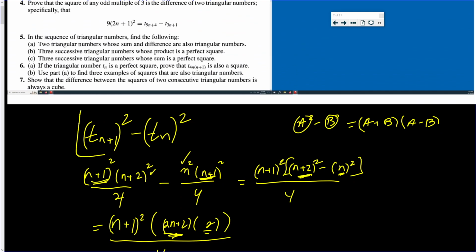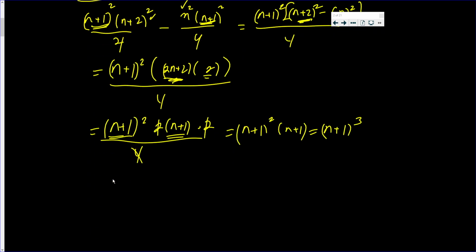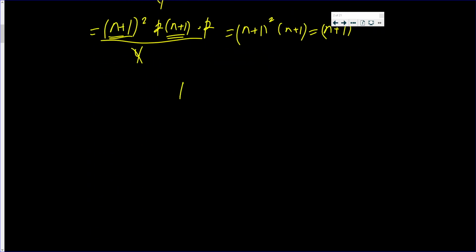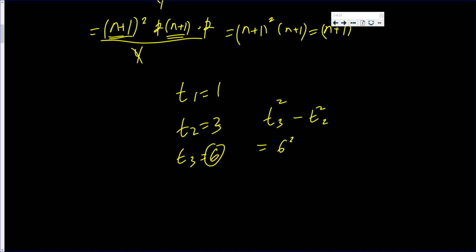If you subtract the squares of 2 consecutive triangular numbers, you will get a cube. For example, T1 is 1, T2 is 3, T3 is 6. If I do T3 squared minus T2 squared, I get 6 squared minus 3 squared.